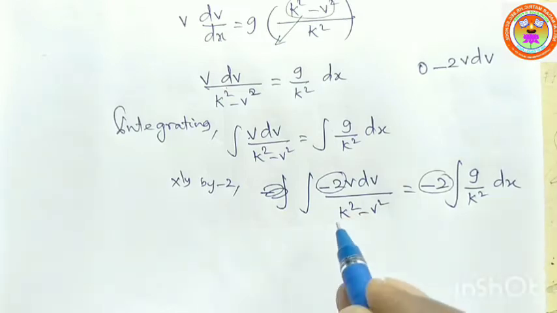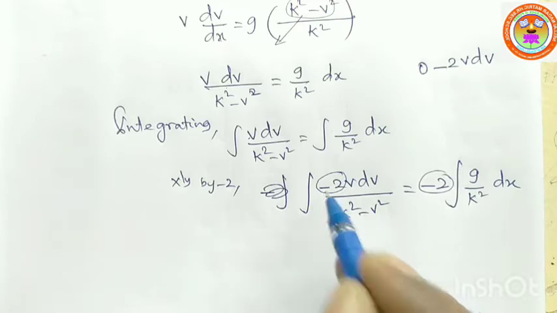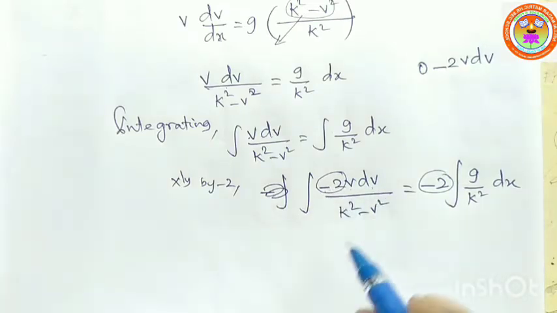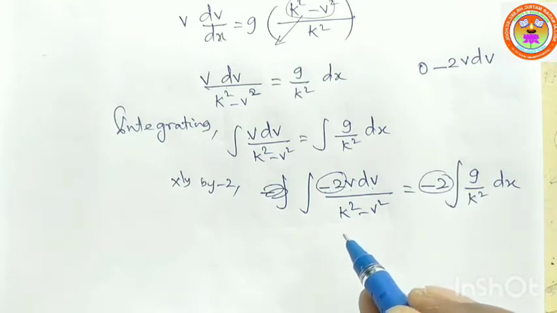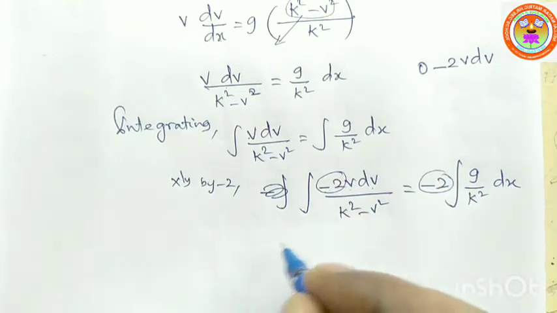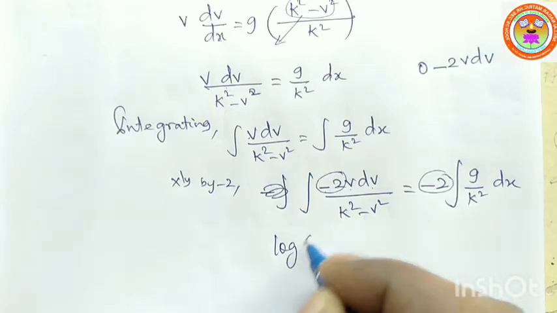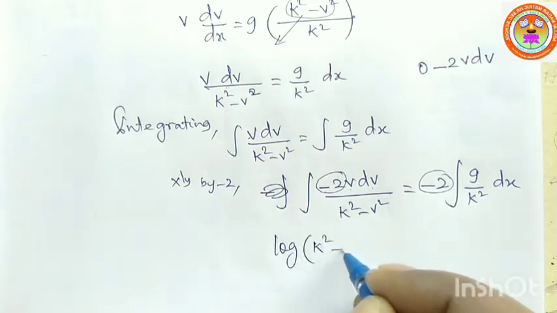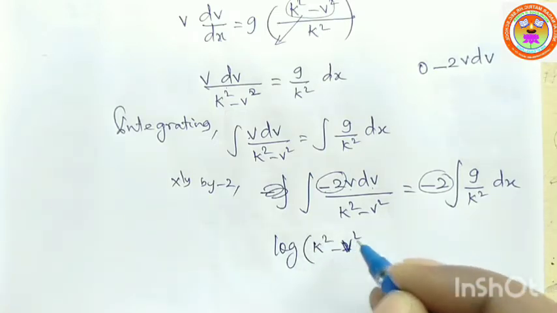Okay. Now once again check the terms. Differentiation of denominator. The differentiation of k square is 0. Then minus. Differentiation of b square is minus 2v dv. So the differentiation of denominator is there in numerator. So we can apply log of the denominator, that is k square minus b square.